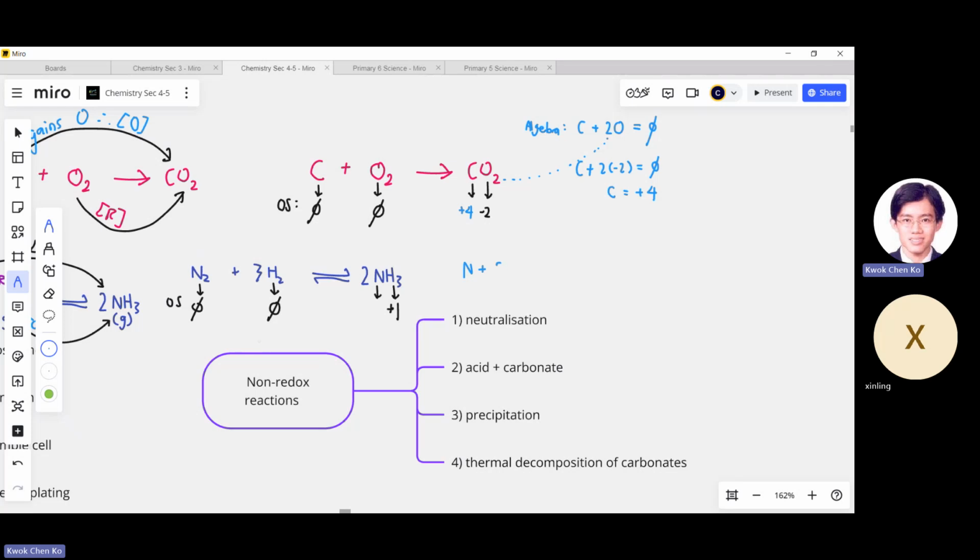So I have to put N plus 3H equals to 0. But I disregard this one in front. So I don't know what's N, but I know what's H. H is +1 based on rule C. So if I solve for that, I will get N equals to -3, which is what I have here.